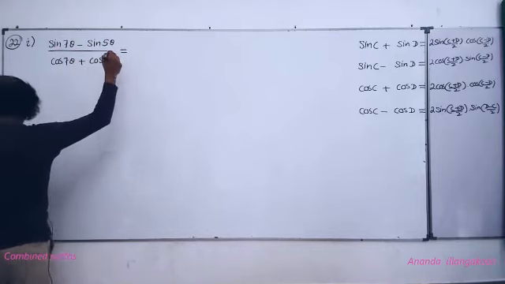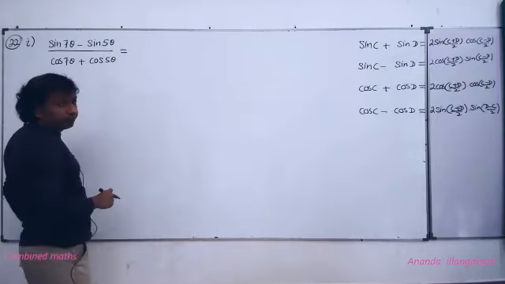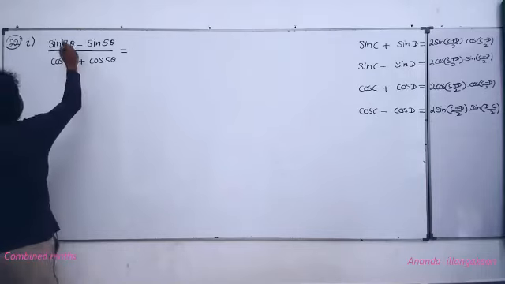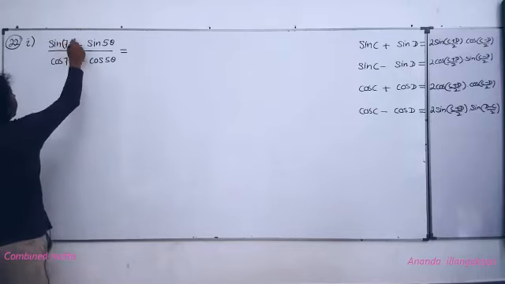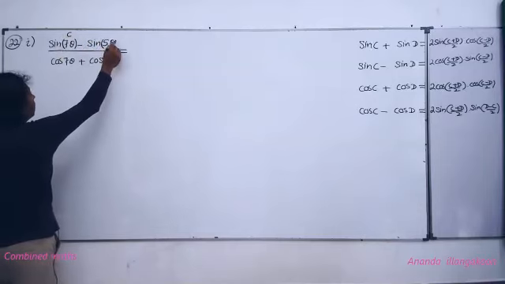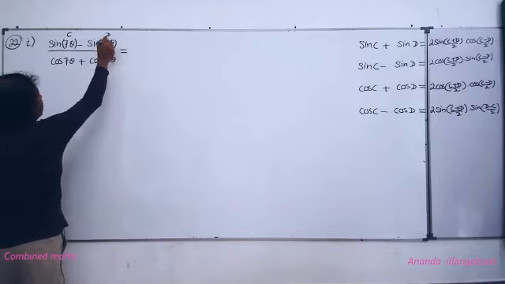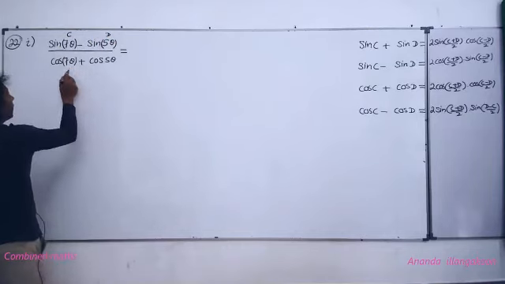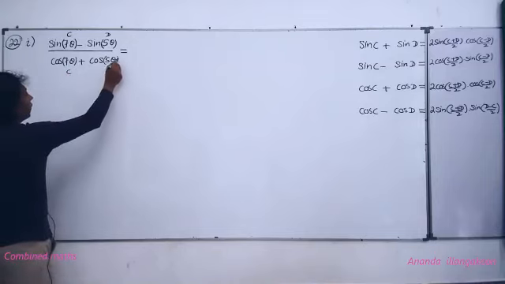We have to prove this is equal to tan theta. This is how we think. In the numerator, I take 7 theta as my angle C and 5 theta as D. Also in the denominator, we take 7 theta as C and 5 theta as D.